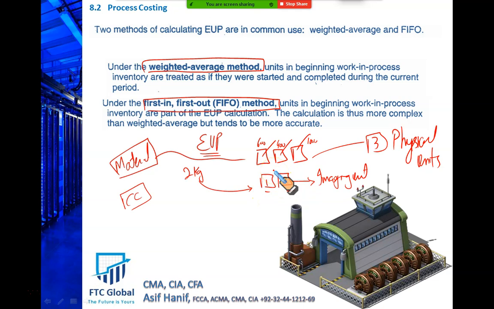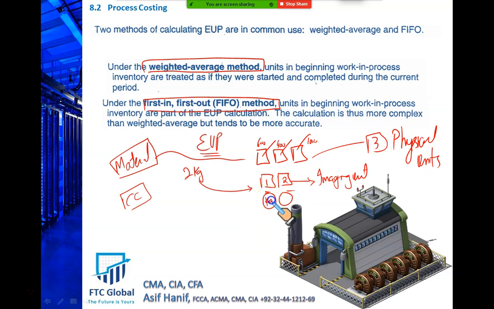So we can say that in reality, there are 3 physical units which I can touch, but the material that was given to me was sufficient only to produce 2 units. So in reality, there are 3 physical units, but for computational purposes, we imagine that there are 2 imaginary units which are 100% complete.